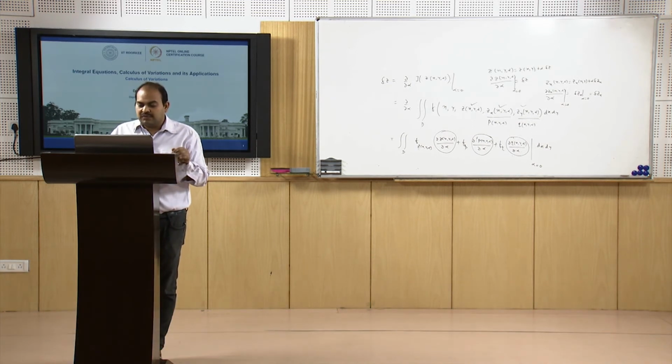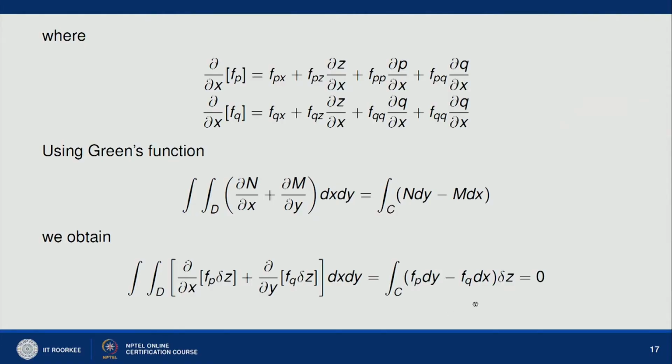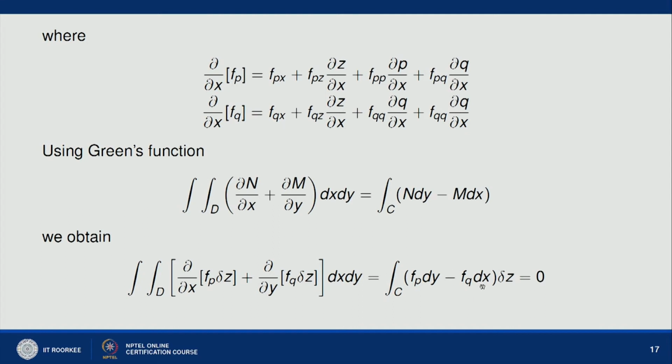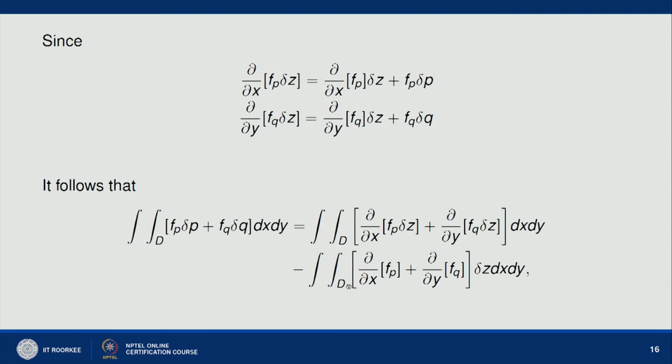Using this fact, this integral is coming out to be 0, so the first term is 0. I cannot apply the same theorem for the second integral, because it will reduce to fp dy minus fq dx, but delta z is not there. So here we may not apply this.